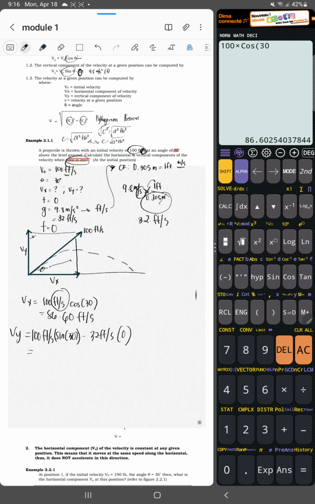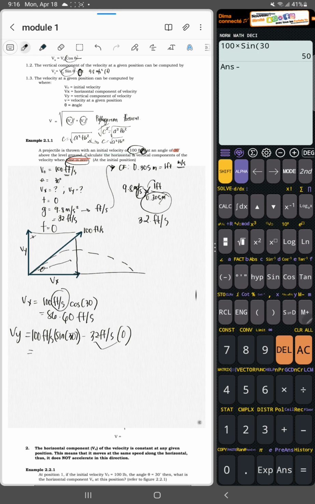So, anong gagawin na natin dyan? Actually, ito pwede nyo nang diretso sa calculator kung gusto nyo lang naman. Pero kung ayaw nyo, pwede namang isa-isahin nyo siya per quantity. So, 100 times sine 30. Okay, so that's 50 already. Okay.